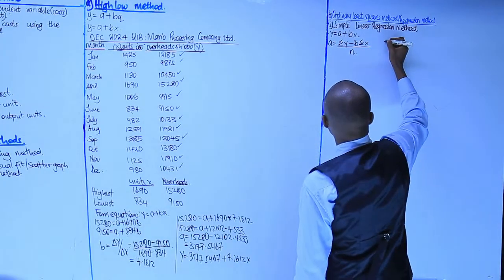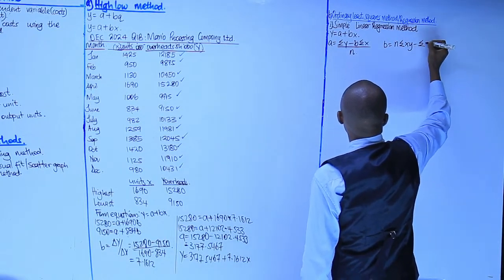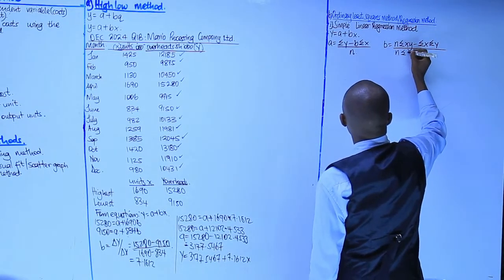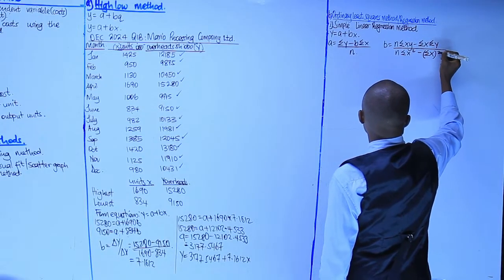Then the value of b is n summation of xy minus the summation of x summation of y, divided by n summation of x squared minus the summation of x, all squared.